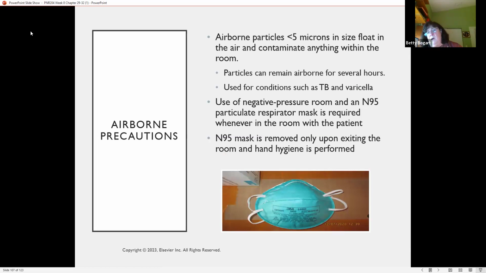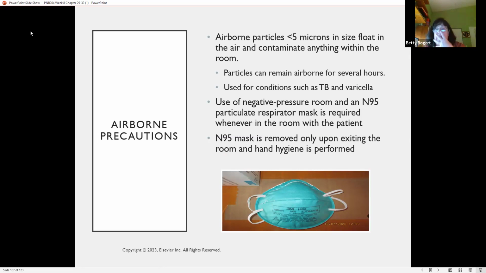So airborne: meningitis, something that you would put a mask on, and they need to be treated for 24 hours before we can be without this type of protection. This is TB, varicella. It's another one.